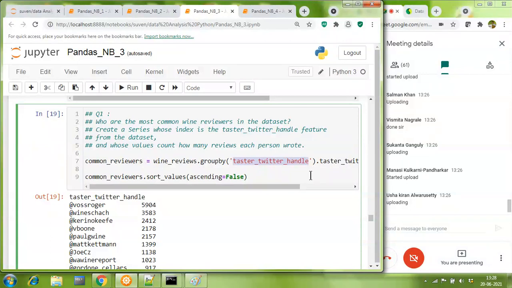But you can group people on department because in each department there is a certain set of people. So here we are doing group by taster Twitter handle so that we come to know all those reviews which are written by a particular reviewer called Wash Roger. So 5,904 records will come in one group. Then 3583 records will go in another group.